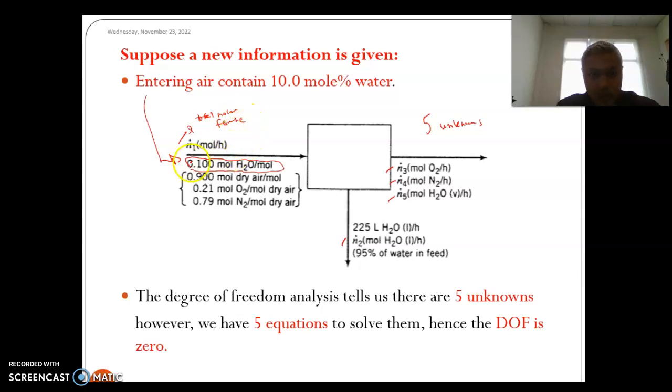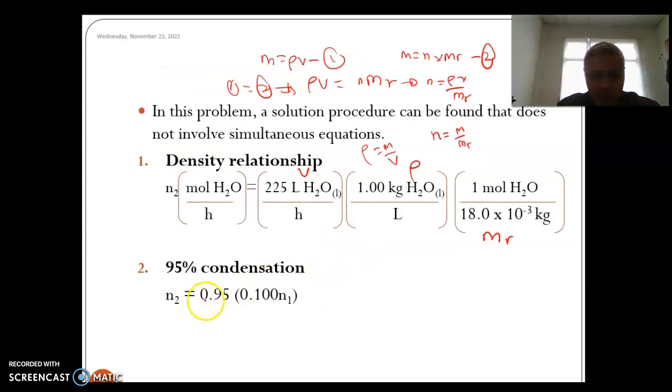That's why for H2O we need to take 0.1 times N1. Then we will get the flow rate of H2O, and we know that N2 is the output. In other words, 95% of the inlet will give N2. That's why we have N2 equals 0.95 of the inlet stream of H2O, which is 0.1 times N1. So we have this second independent equation.